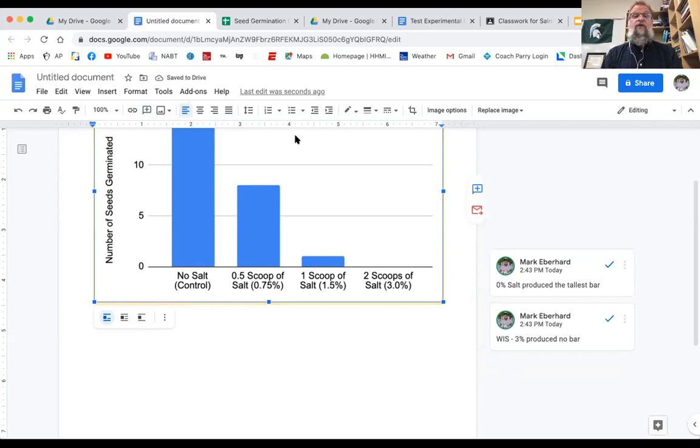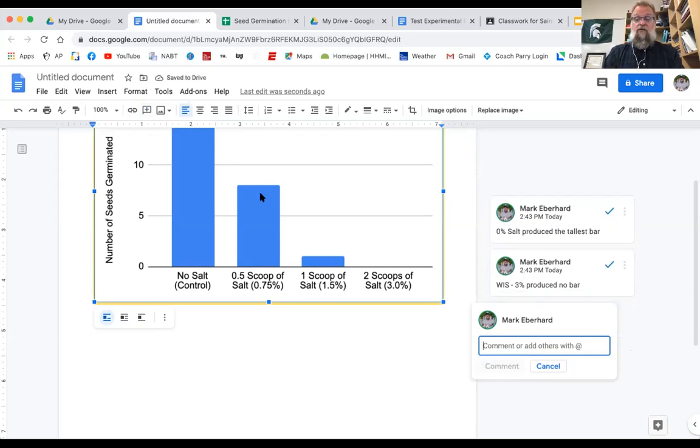And maybe my third observation is going to be that 0.75% and 1.5% produced bars shorter than 0%, but taller than 3%. So again, I'm just, what do I see? And again, let me identify that as a whiz statement.